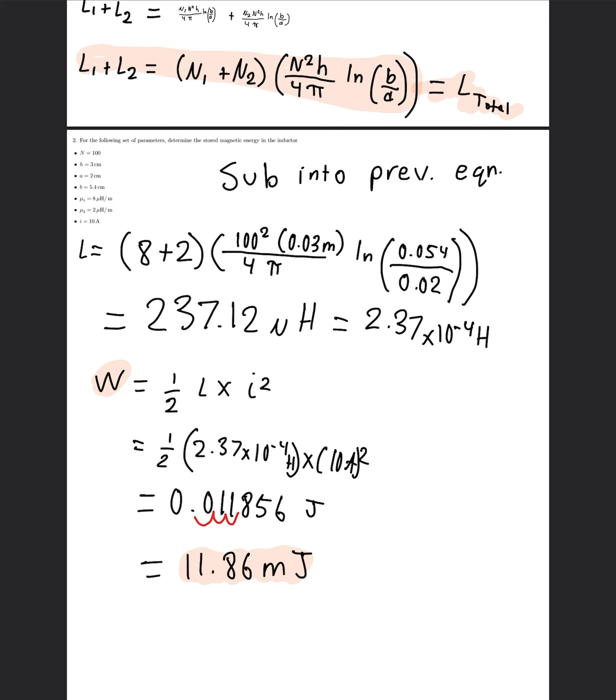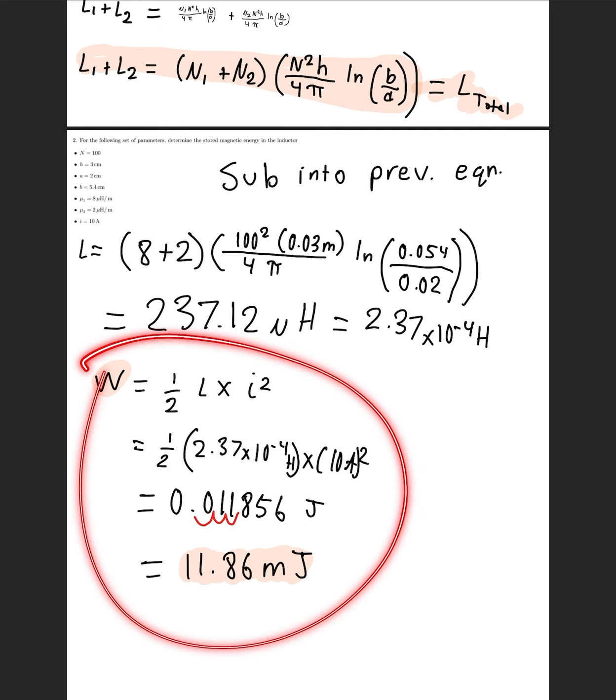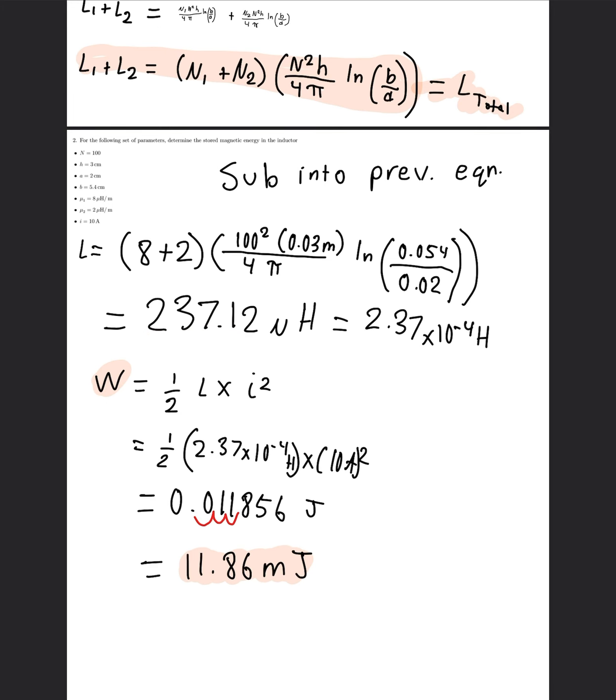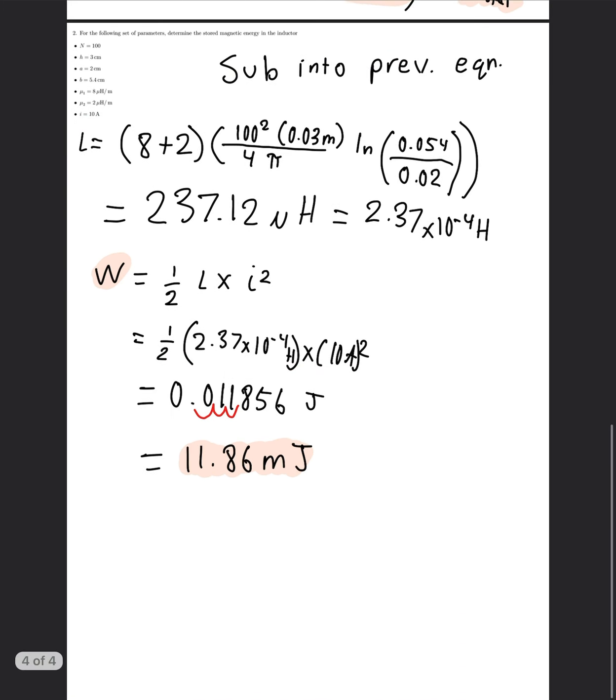Now to find the stored magnetic energy in the inductor, we follow this: 1/2 multiplied by the inductance multiplied by current squared, and we know that current is 10 amps. So if we put 10 amps in this equation, we get 0.011 joules.